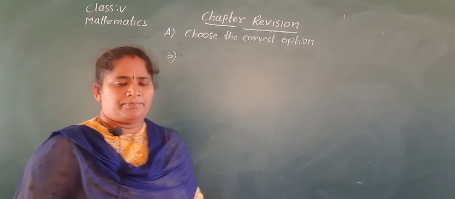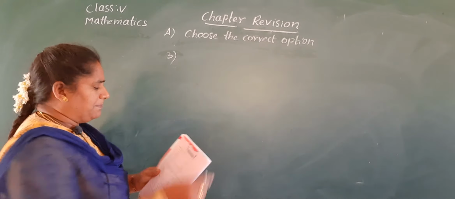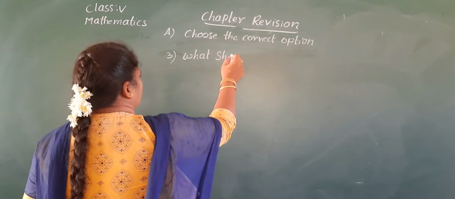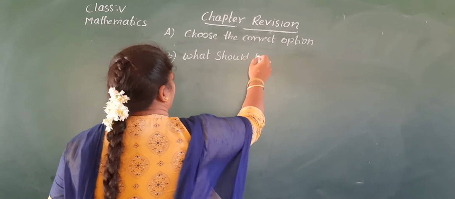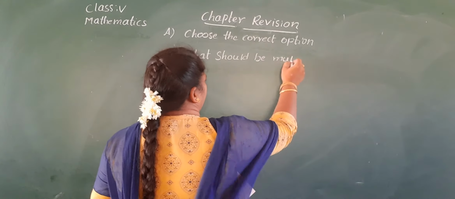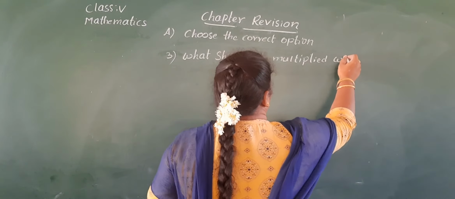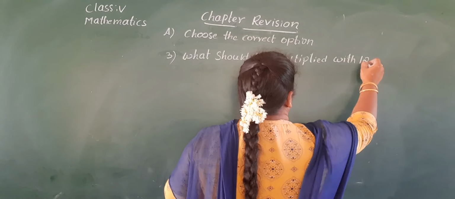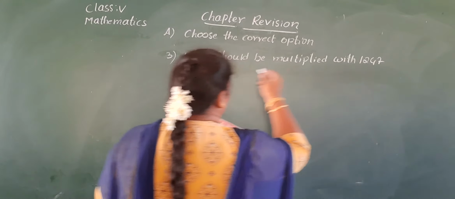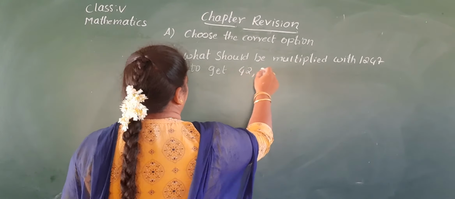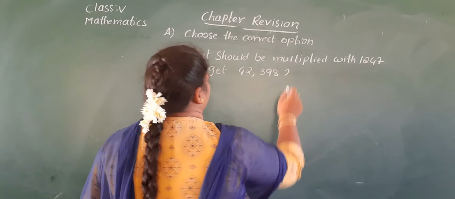Now third one, what should be multiplied with 1247 to get 42,398?